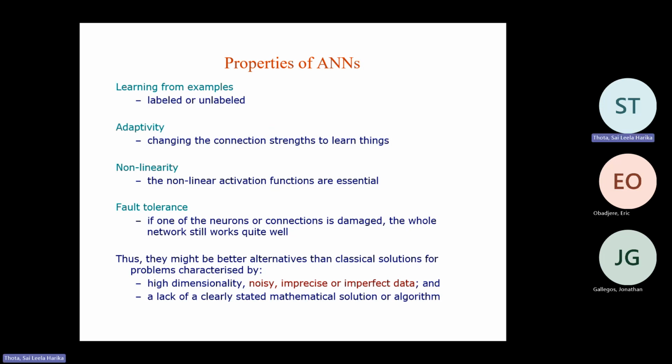Coming to the properties of artificial neural networks, what are some of them? First, regarding the data, there is labeled data and unlabeled data. If you have labeled data, it comes under supervised learning.